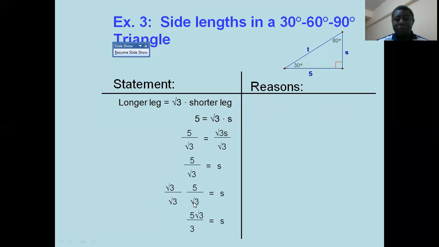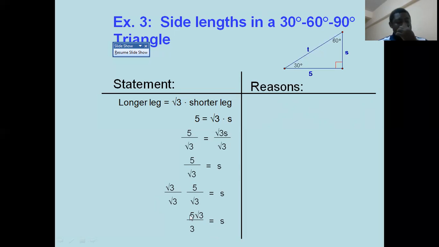Square root of 3 times square root of 3 is 3, okay? Then 5 times square root of 3 is 5 square root of 3. So we have 5 square root of 3 over 3 equal to s. This is the value of s.